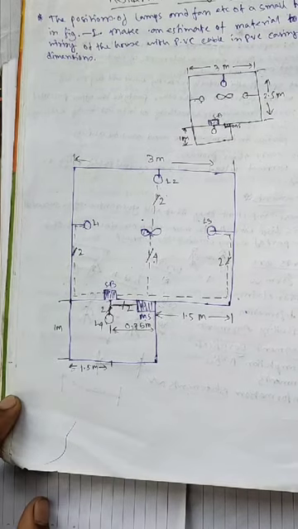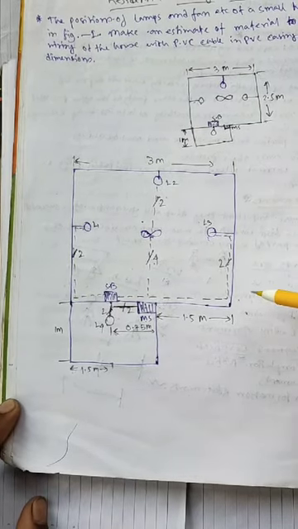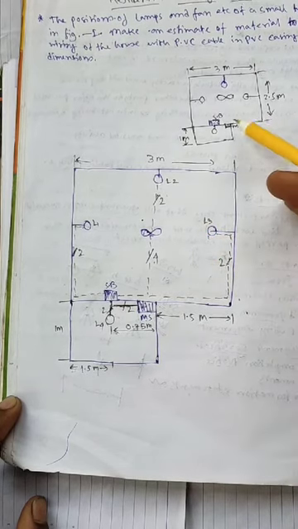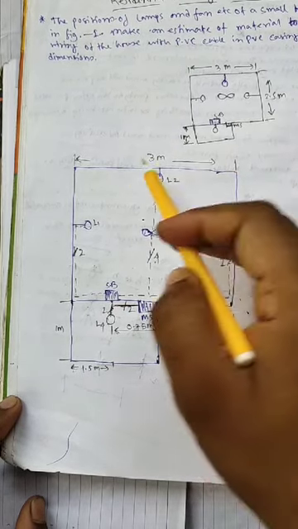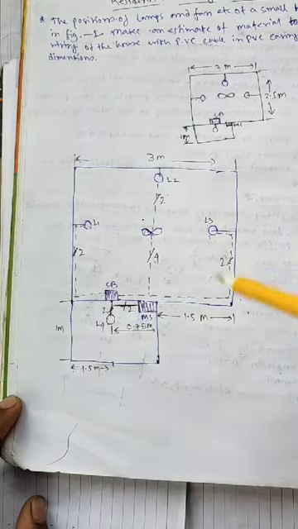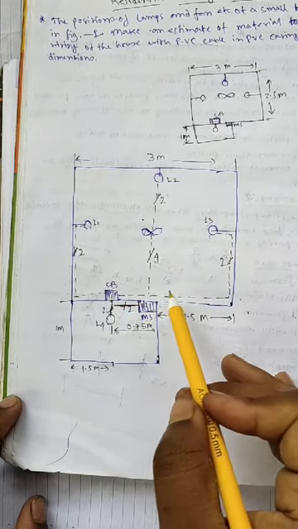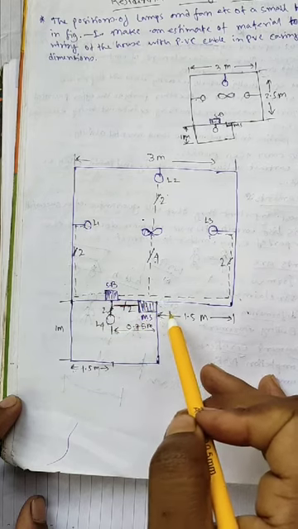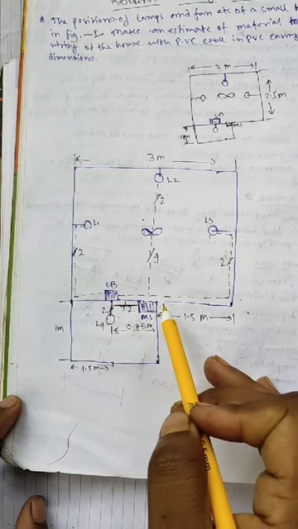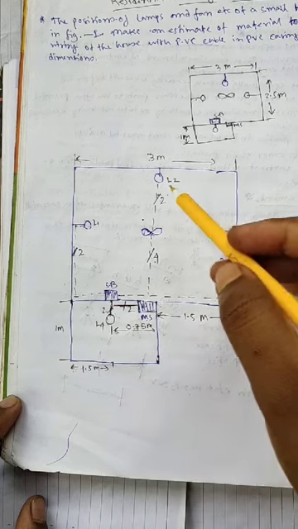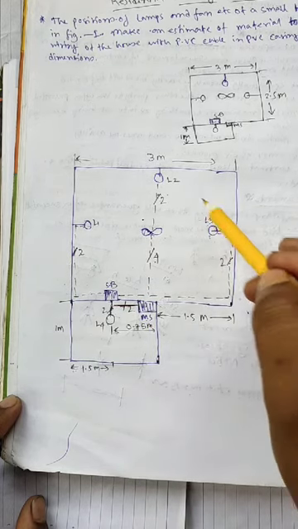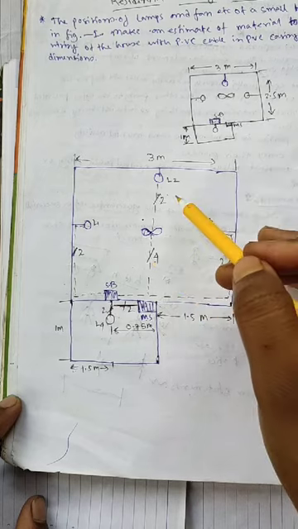Okay, in the last lecture we also drew the single line diagram from the above figure. The single line diagram shows that this is the 3 meter distance, and here 1.5 meter from one wall the main switch is placed, and there are 4 loads, L1, L2, L3, L4 lamp load and 1 fan load.